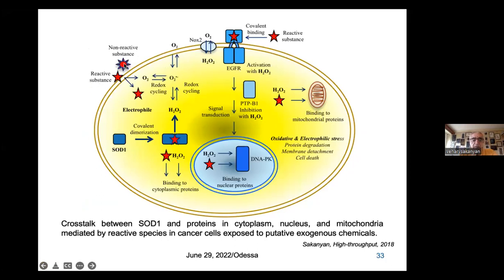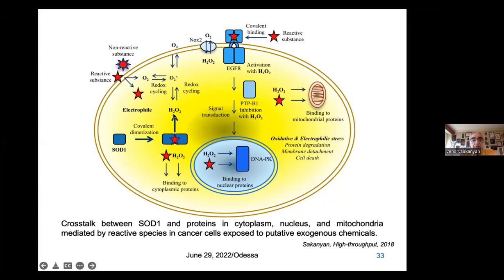And if they are lipophilic, they become reactive substances, and they enter the cells and provoke the modification or transition of oxygen to superoxide, and here it leads to the formation of the redox cycling.